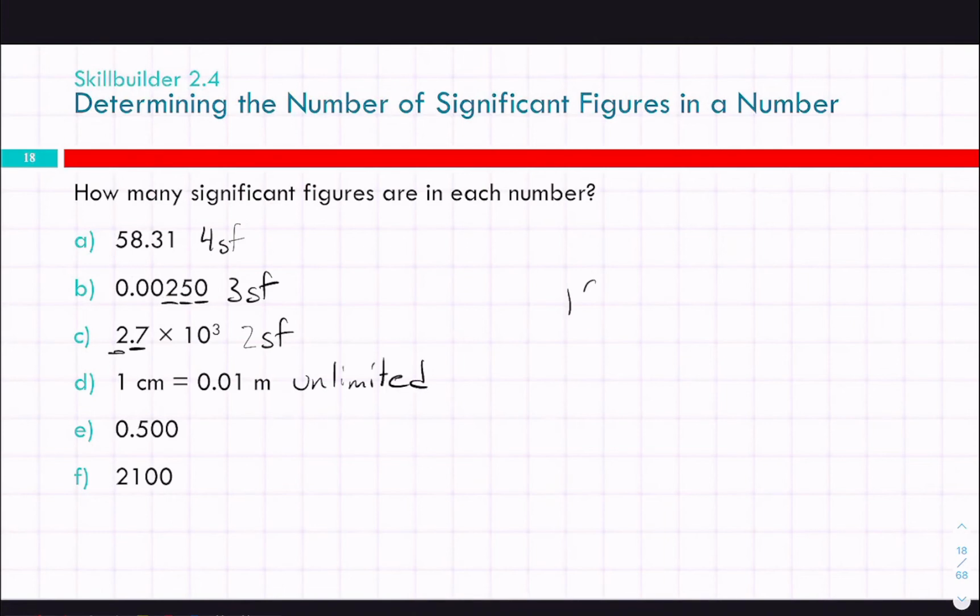So just like 1 foot equals 12 inches, in this situation where we're using it as a defined quantity, so you can use one to define the other, those both have unlimited sig figs. I might have lost some people with that. You can say exact. Yeah, the unlimited or exact.